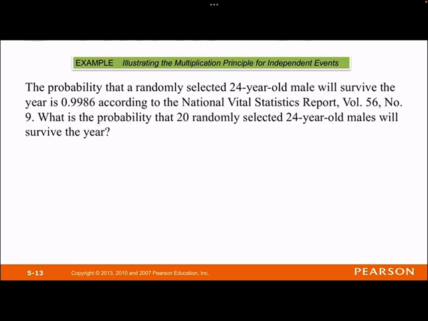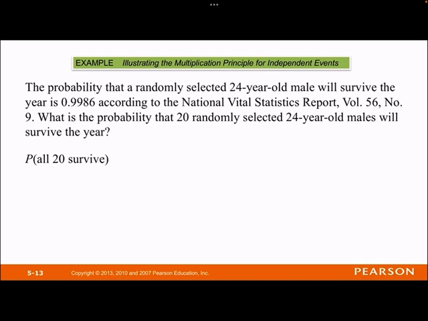Changing it up a little bit, the probability that a randomly selected 24-year-old male will survive is 0.9986, according to the National Vital Statistics Report. What is the probability that 20 randomly selected 24-year-old males will survive the year? Again, independent events. One male surviving in no way, shape, or form is going to affect any of the other ones surviving.